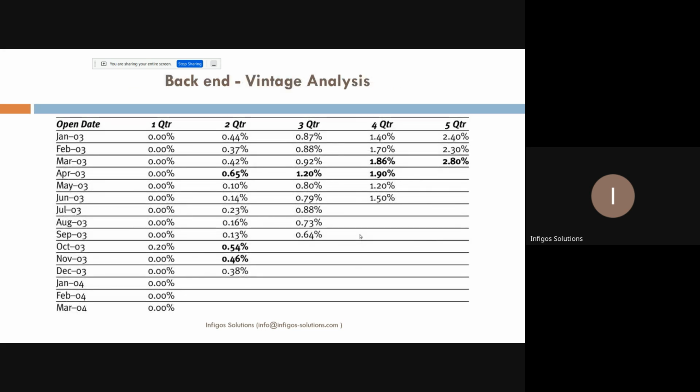Then there is something called vintage analysis. Vintage analysis means you do this analysis to see how many delinquencies you are getting from each quarter, and analyze where the sample is coming different. For instance, April 2003 is a bad sample where basically in the second quarter you got 60.65% delinquency.